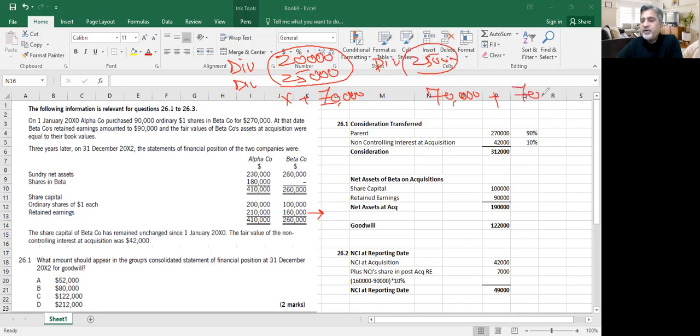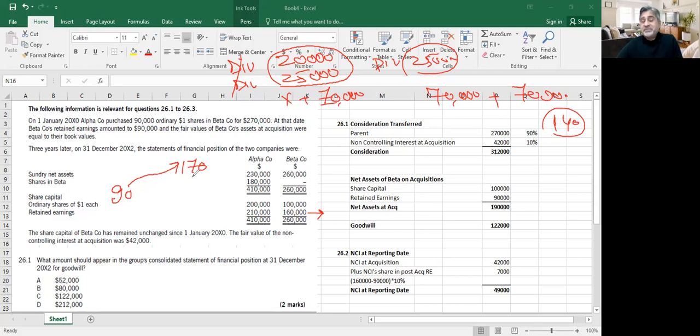So the total profit we made together is 140K. If you don't know the dividends, you cannot tell, because you only see that from 90, you increase the retained earning balance to 160. But it does not tell you how much was profit. So we cannot say how much profit was made.